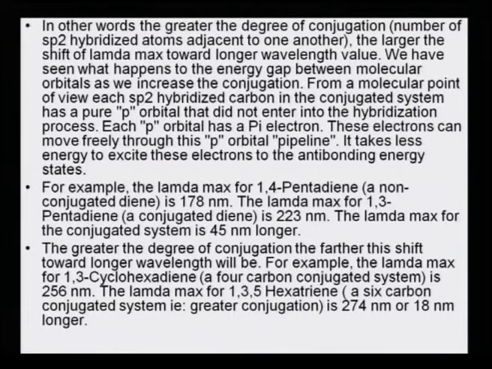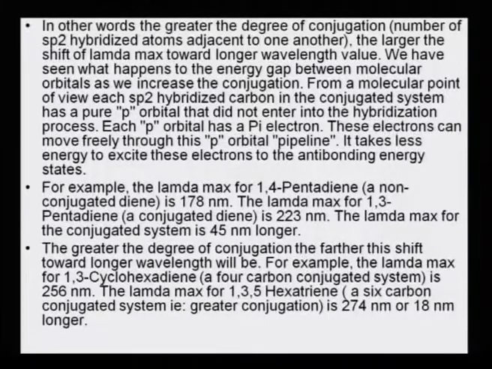It takes less energy to excite these electrons to the antibonding energy state. So it is the unreactive p orbital which is now participating, and because of this alternating double bond, single bond, double bond, the excitation of these electrons is more facile, and therefore a lesser amount of energy is required and a longer wavelength will be attained.